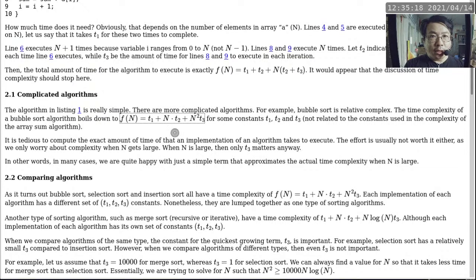But this is kind of tedious, okay? Having to figure out exactly what T1 is, exactly what T2 is, and exactly what T3 is is extremely tedious, because different architectures would have different constants, and depending on the optimization of the compiler, it would also give you a different time constant.